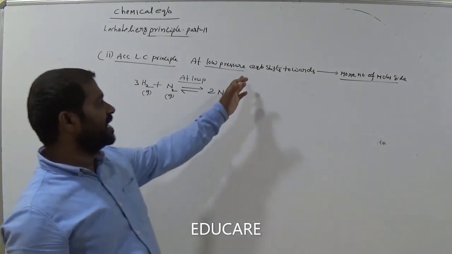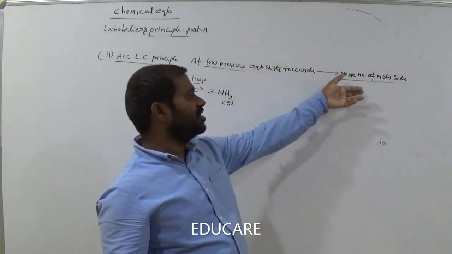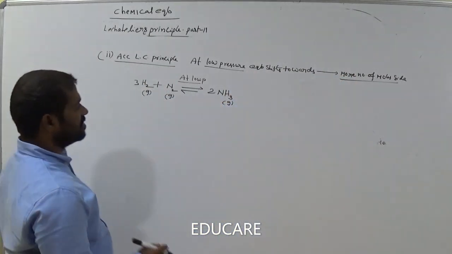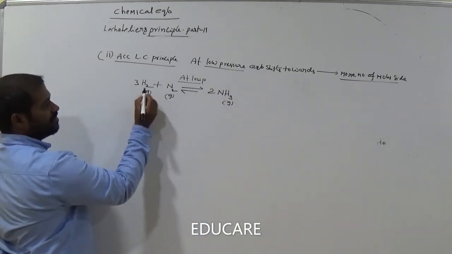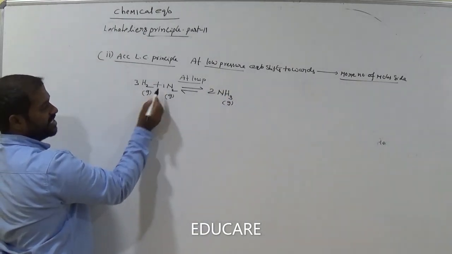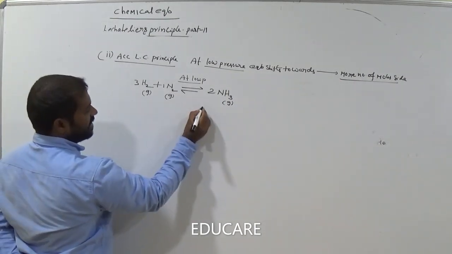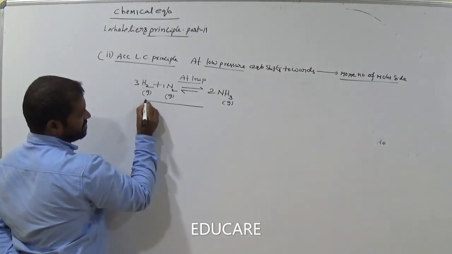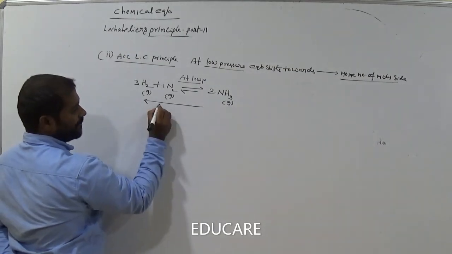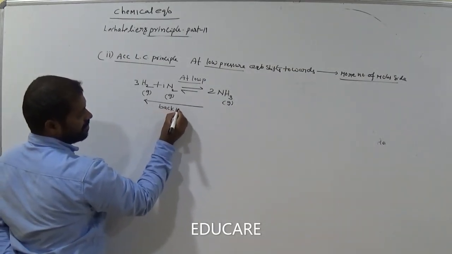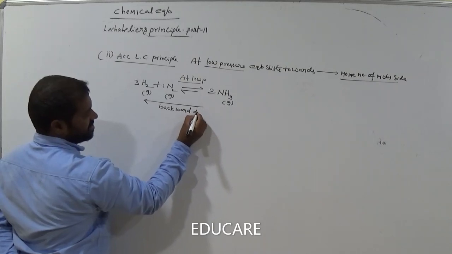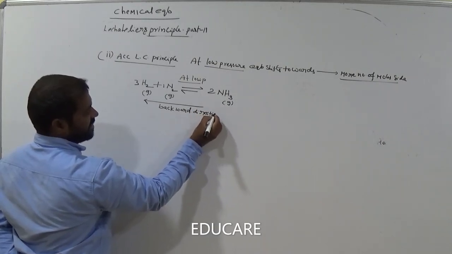The equilibrium position shifts towards the more number of moles side. Here we have more moles on the left, 3 plus 1, 4, and here 2. More number of moles side means the reaction proceeds in this direction, that means the backward direction. Is it clear?